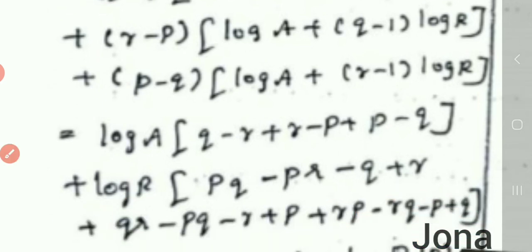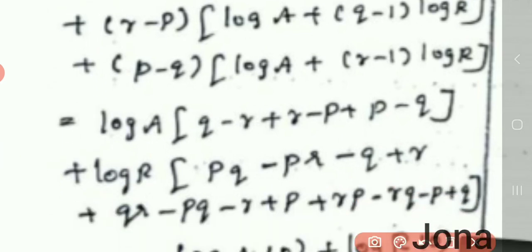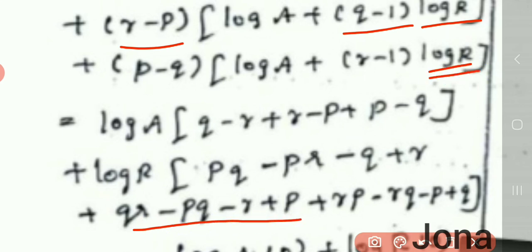From here I can take r minus p into q minus 1. And then from the third term, for this log r the common terms are p minus q into r minus 1. So if you multiply you can get these terms.